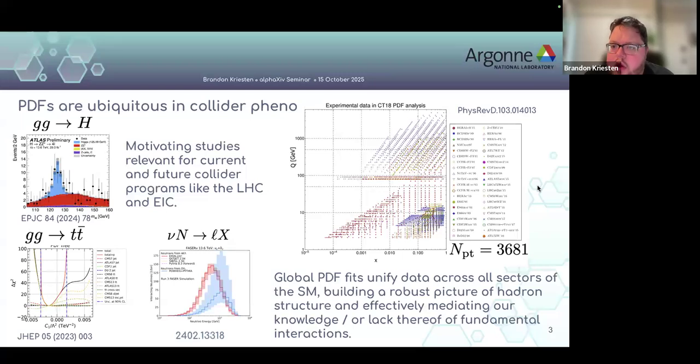And so I like to think about PDFs as effectively mediating our knowledge, or lack thereof, of the fundamental interactions. PDFs encompass our understanding of how well we know the standard model, or where there may be room to add new physics into the standard model.